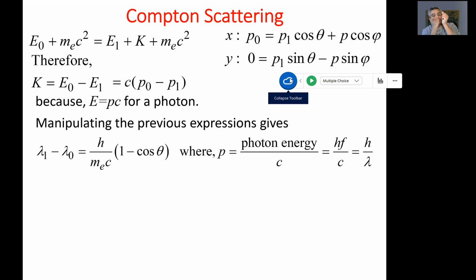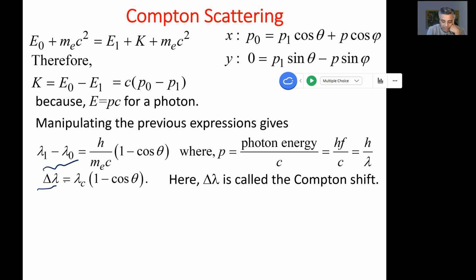So the photon is now colliding with the electron, and the scattered photon has less energy. It's giving up some energy to make this electron move, just like in the case of X-ray production, okay? So how much does the wavelength change, how much does the energy change? The change in wavelength because of that collision is given by this equation, and this lambda c is this number here.